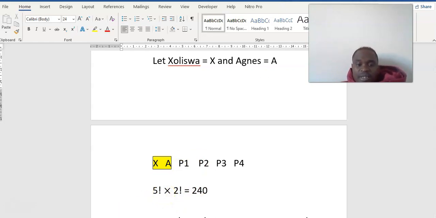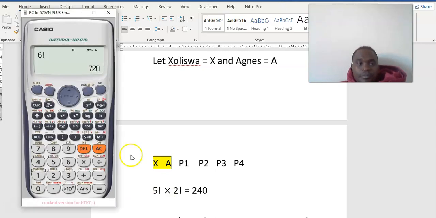Let's press that. I'm going to delete the 6, so 5 factorial times 2 factorial, and this one is going to give us 240.